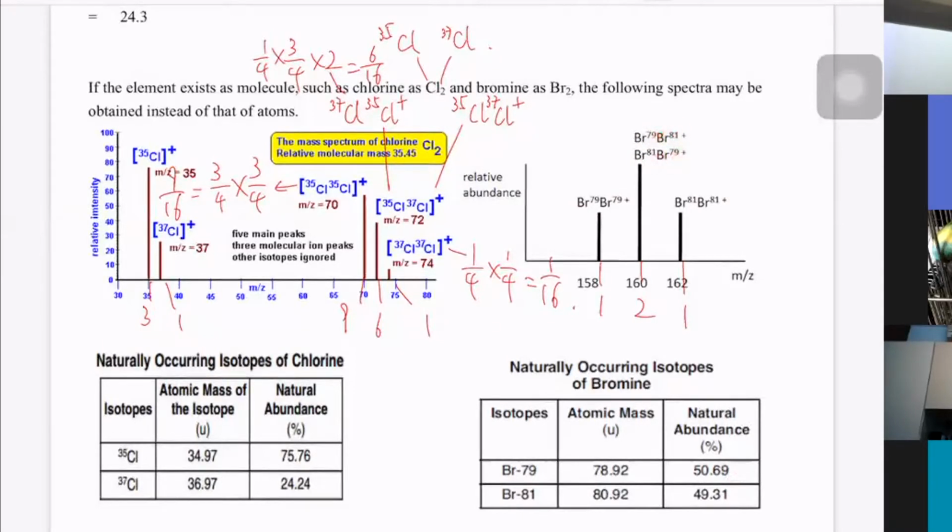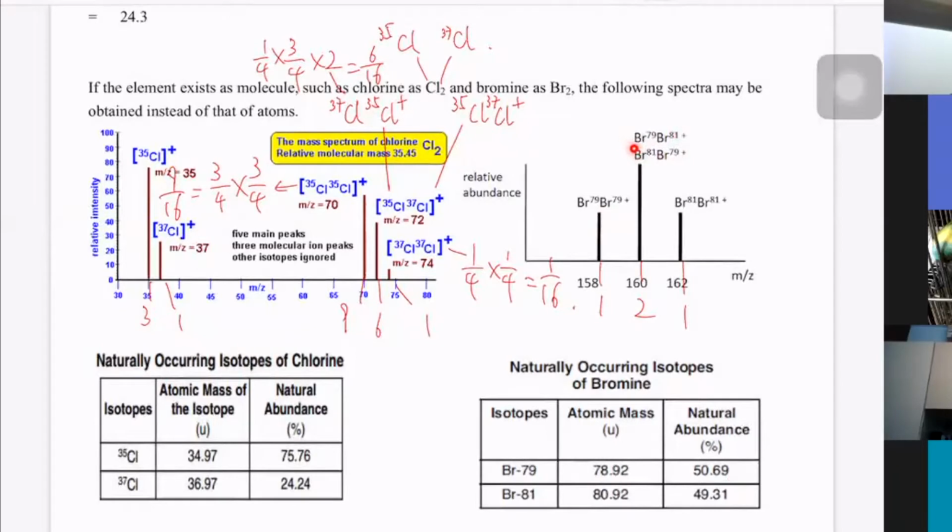But these two are going to show a peak at the same m/z. That's why this one is double the height of these two peaks. So that's another use of the mass spec. It shows you the ratio of the molecules with different combinations of the isotopes.